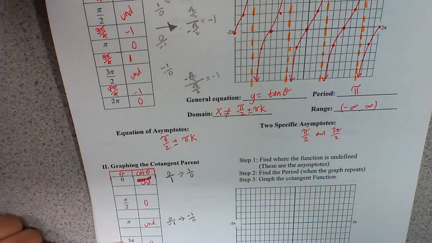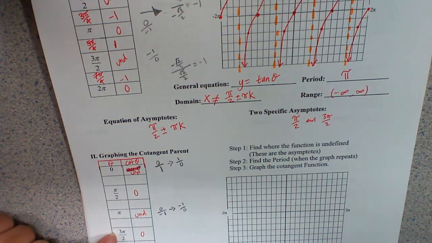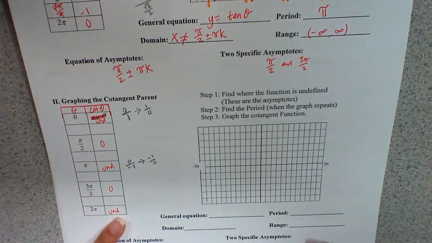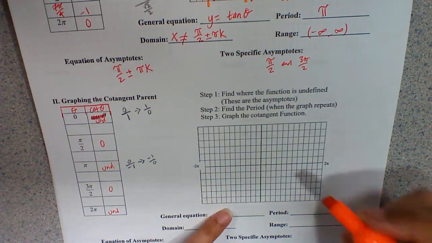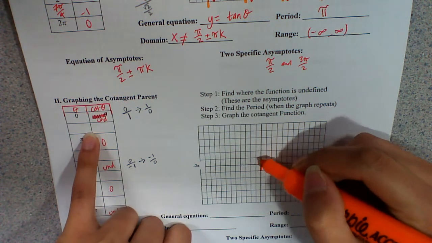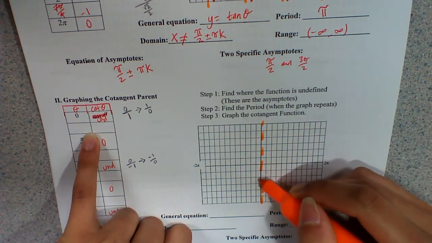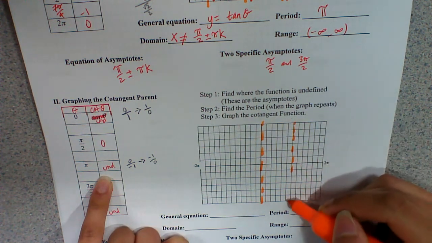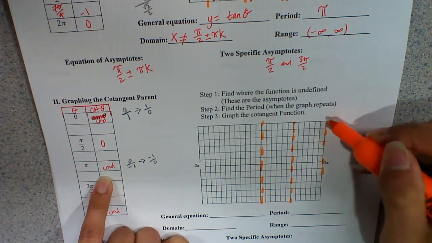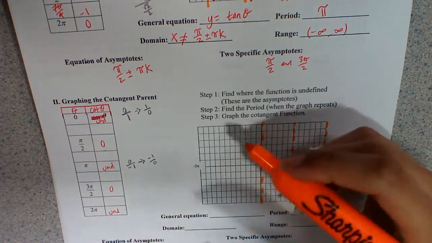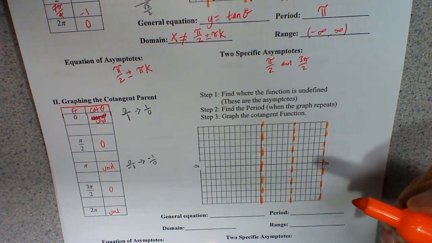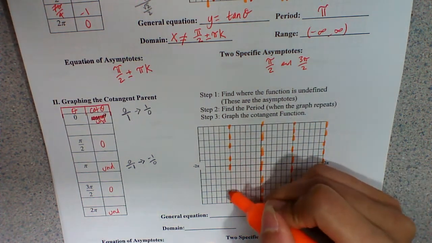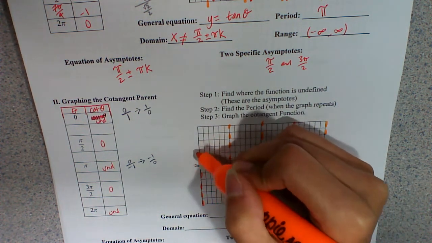Okay? So now let's go ahead and put down our asymptotes. Every time we have an undefined value will be an asymptote for your cotangent function. So here at 0 we have one, we have one at pi, at 2 pi, and of course the negatives of those as well, at negative pi and at negative 2 pi.